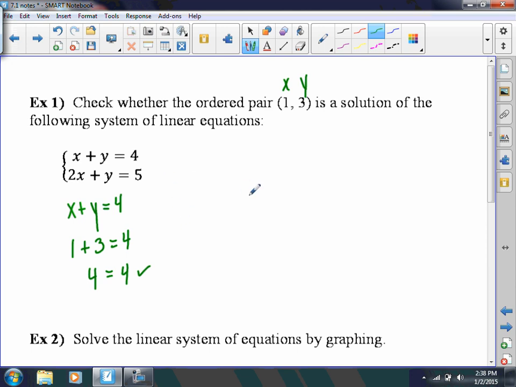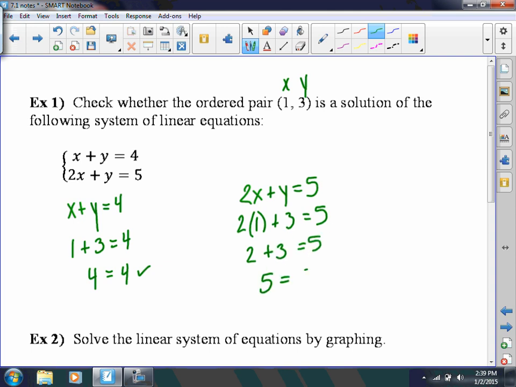Then I'm going to take my second equation, the bottom equation, and substitute (1, 3) in there as well. So 2 times 1 plus 3 equals 5. That's 2 plus 3, and 2 plus 3 is 5. So 5 equals 5.